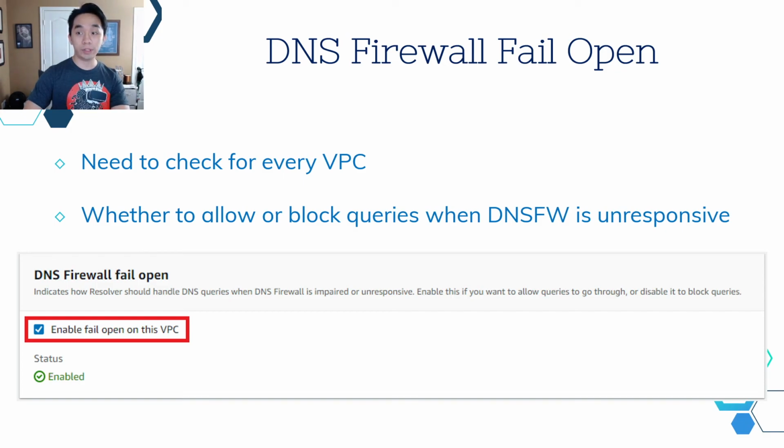Usually I would say that you need to enable this setting so that if DNS firewall is failing, your environment is still working as normal, even though it's losing the protection of DNS firewall, but it's not breaking anything, right? Now, if you have the dictatorship going, as I mentioned earlier, then you might want to turn this off, so if the firewall is burning down, you shut down your whole environment, okay?